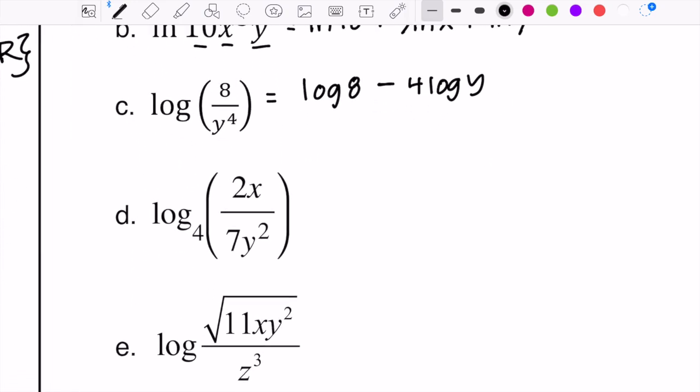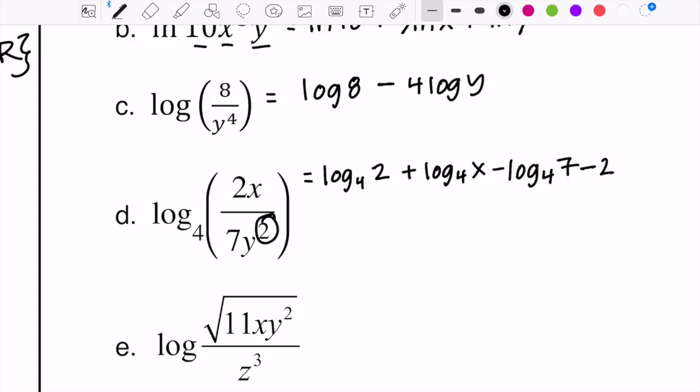Moving on. This one, we get log base 4 of 2 plus log base 4 of x minus log base 4 of 7 minus, oops, forgot the 2 again, 2, because this has an exponent of 2, log base 4 of y. But this is not the final answer.